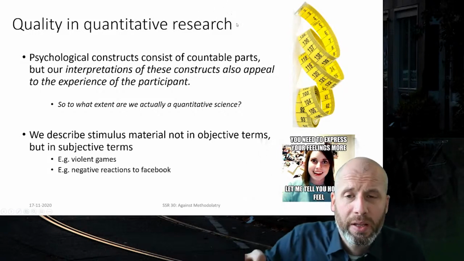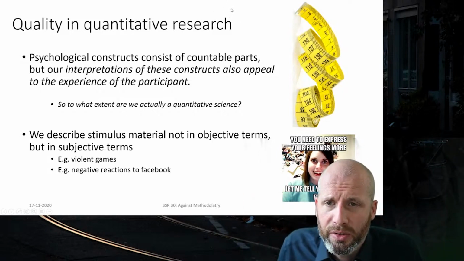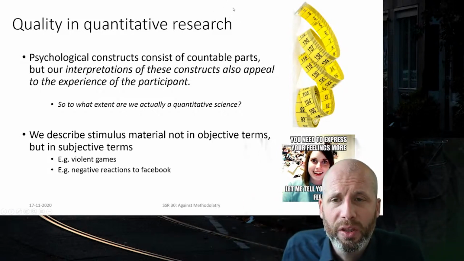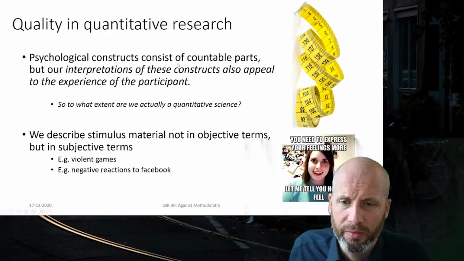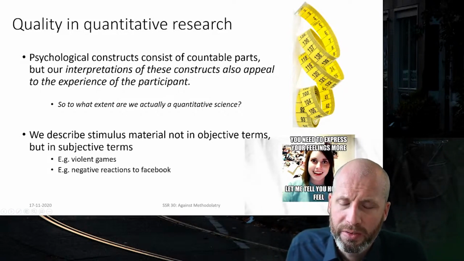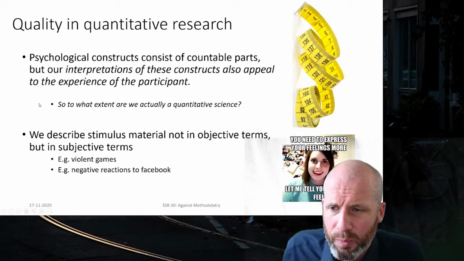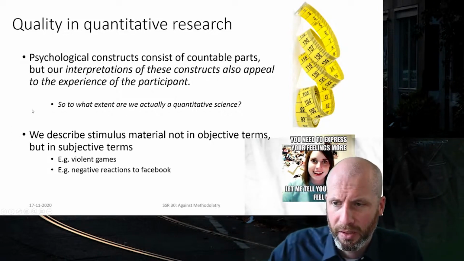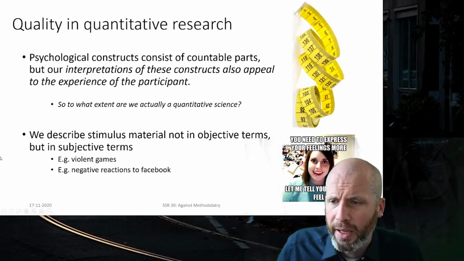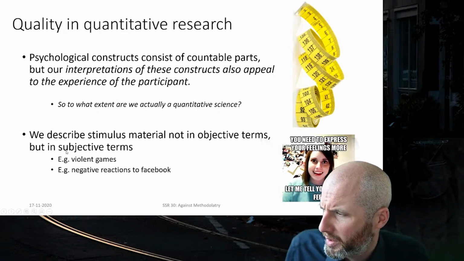And the same criticism that we just leveled at qualitative research, we should bear in mind when thinking about our quantitative research as well. We talk about research findings in subjective terms, perhaps even without specifying the connection between the objective measurements or the counting and the stuff we're interested in.